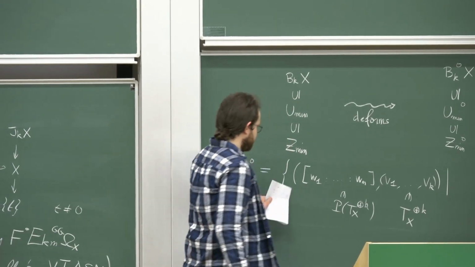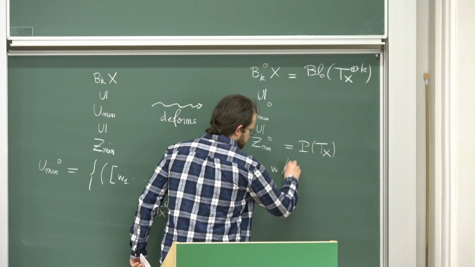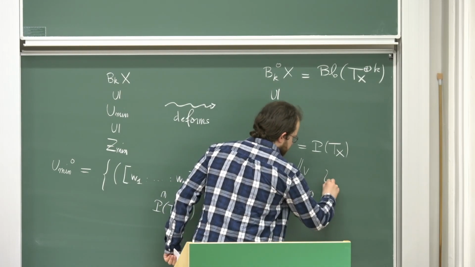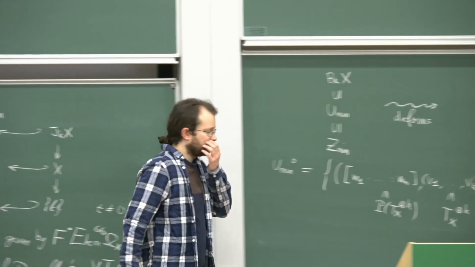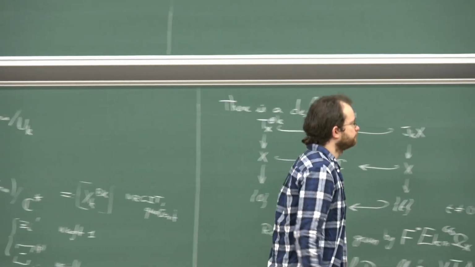All right, so this is the set of pairs which of course are parallel, and such that this W1 is different from 0. I claim that this is actually the total space.